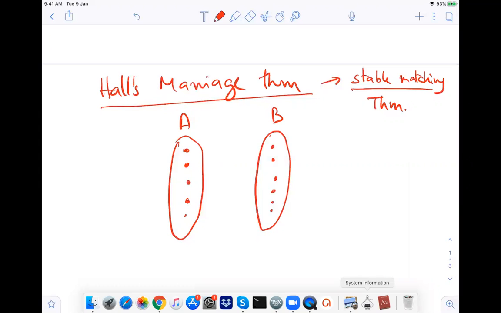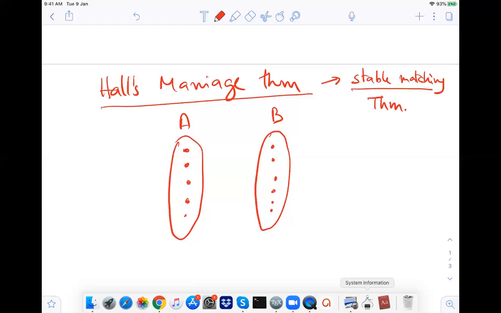The first chapter deals with stable matching. It's a very beautiful concept, and it tries to model theoretically when you can call a marriage stable, and how you produce a stable marriage.